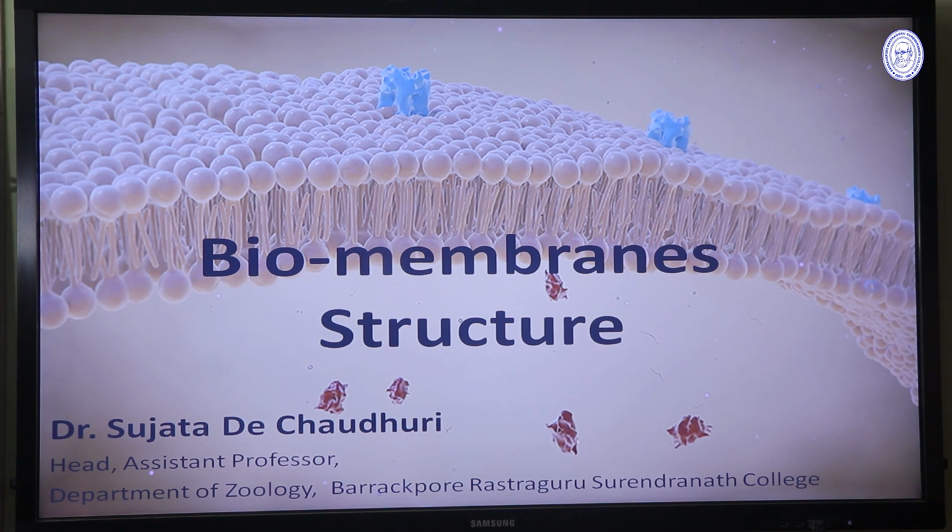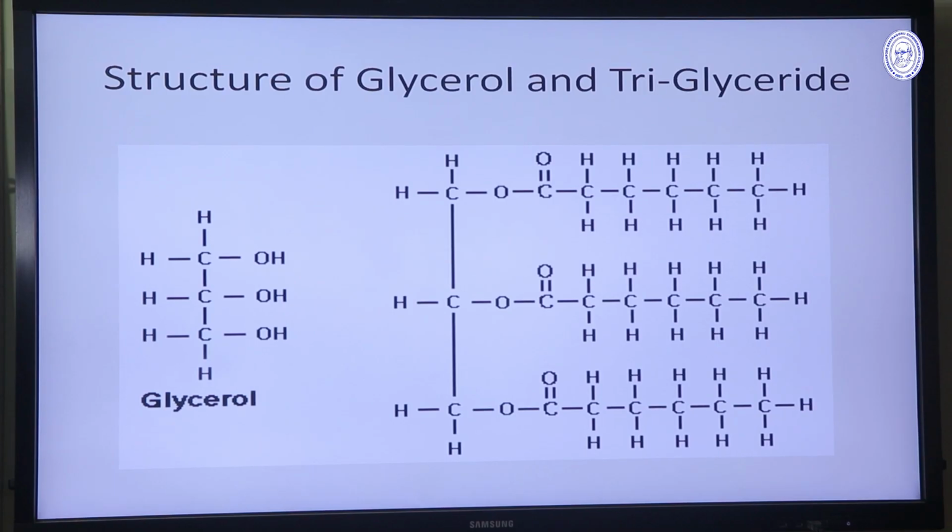I have divided this topic into two subtopics. First one is the structure. But before going into the details of this topic, I am showing here the structure of glycerol. Glycerol is a 3-carbon molecule with 3 hydroxyl groups.